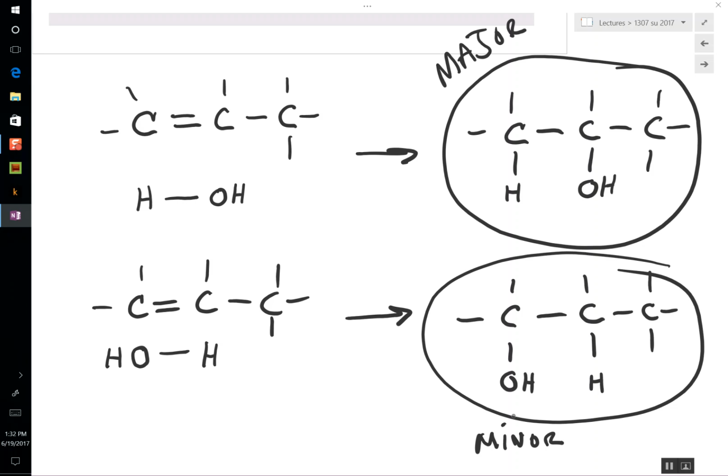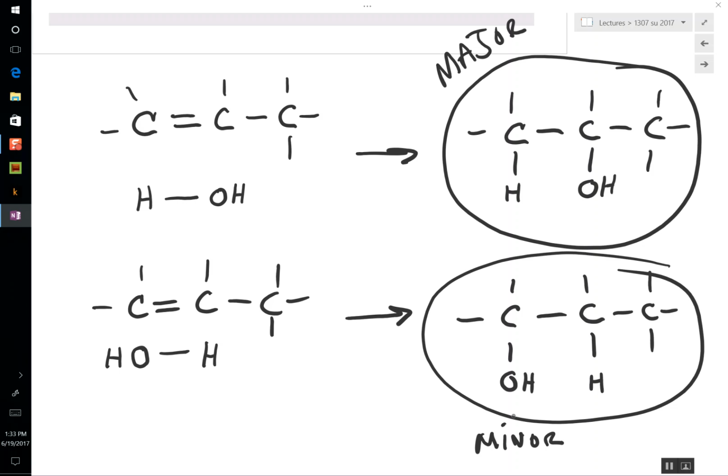And what is Markovnikov's rule? It's a simple rule if you just kind of learn it. The hydrogen is going to add to the carbon with the most hydrogens to begin with, and the OH on the water goes to the other carbon.